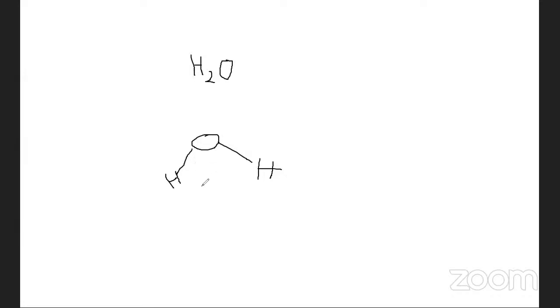So water is non-linear, and because it is non-linear, to calculate how many vibrational modes you have, it is going to be 3n minus 6. Now, n is equal to 3.